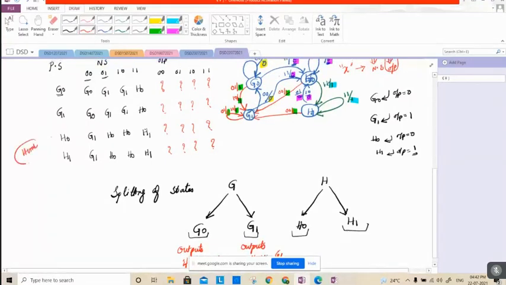This is your home and this is your campus.